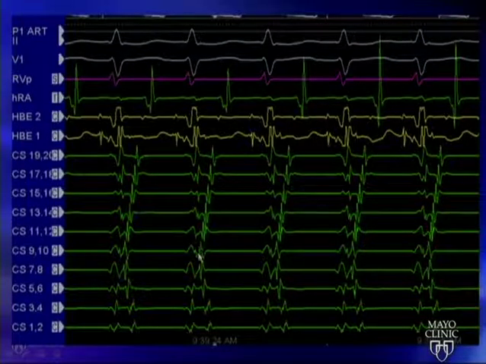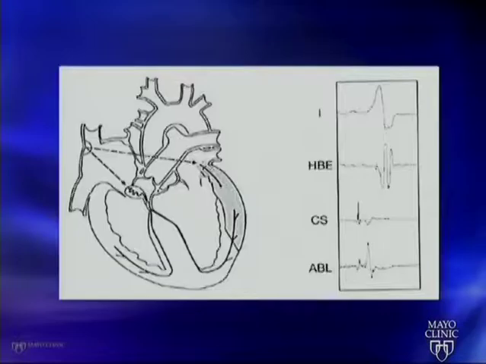And when we find that earliest spot, we actually can recognize a signal where the accessory pathway is, and that's what's targeted for ablation. As you know, patients with WPW are kind of becoming an extinct species because all of them are getting ablated early in life. It's a curative procedure. Once it's ablated, it's gone.